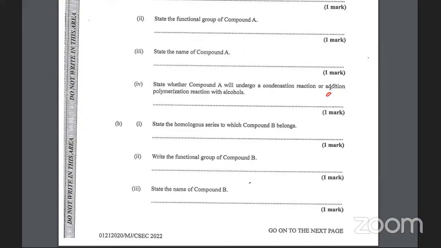Compound A, which is a carboxylic acid, will undergo condensation. Just like in esterification, carboxylic acid and alcohol, that's a condensation reaction. So the answer is condensation.